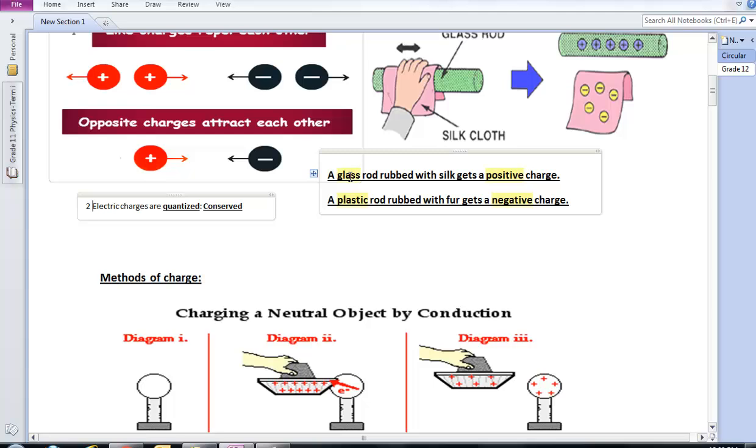It depends on the type of the object and the type of the cloth itself, whether it's taking negative charge or leaving negative charge. So the glass should be positive and the plastic should be negative.